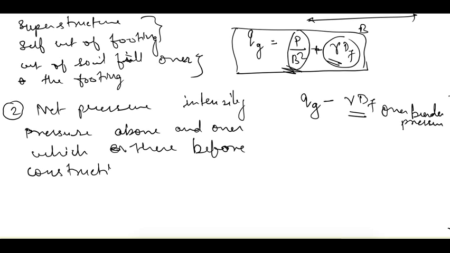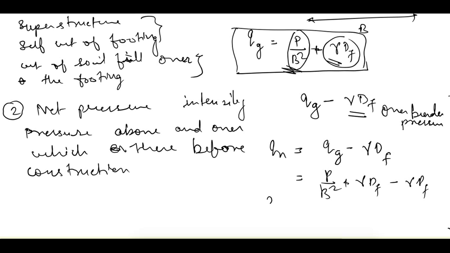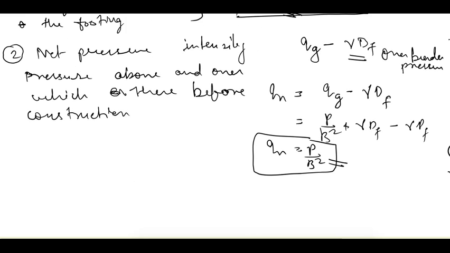So Qn we can write as Qg minus gamma Df, and Qg is equal to P by B square plus gamma Df, minus gamma Df. So Qn is equal to P by B square. This is our actual load due to which deformation will take place, and that is our net pressure intensity.